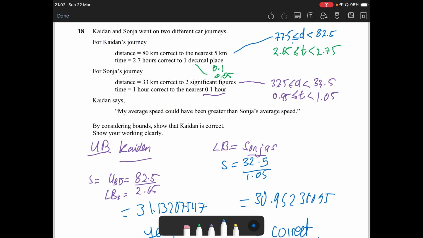I'm a bit baffled. Why? The mark scheme's very confusing. Oh, here we go. In the footnotes, the way they worked it out is very confusing.